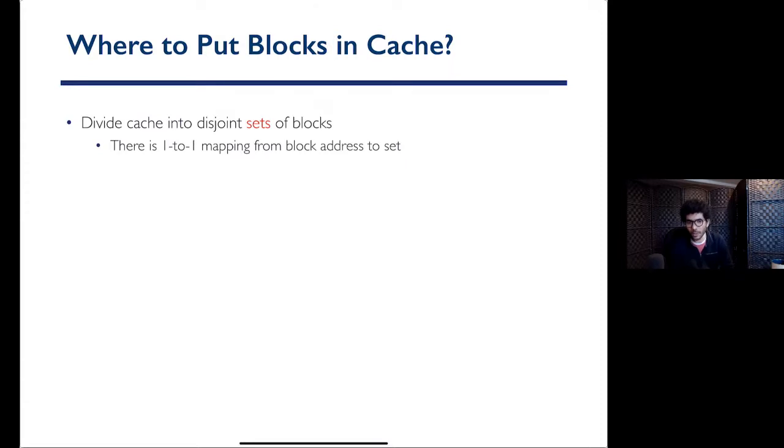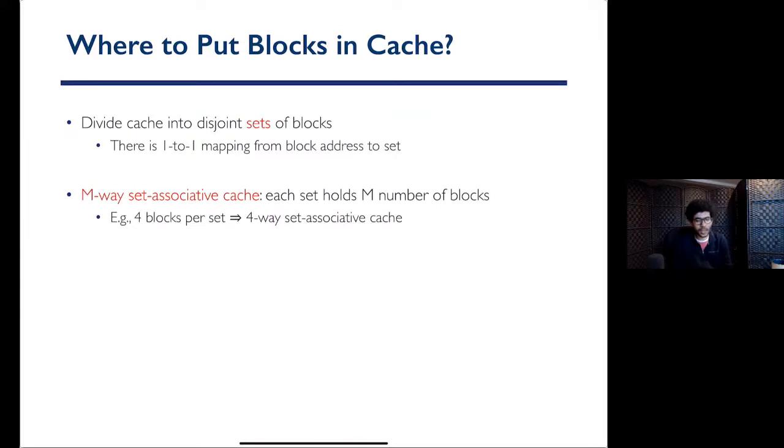So every single memory address is mapped to one and only one set. The number of blocks in each set is called the set associativity of the cache. So if I have an m-way set associative cache, it means that each set has m blocks in it.